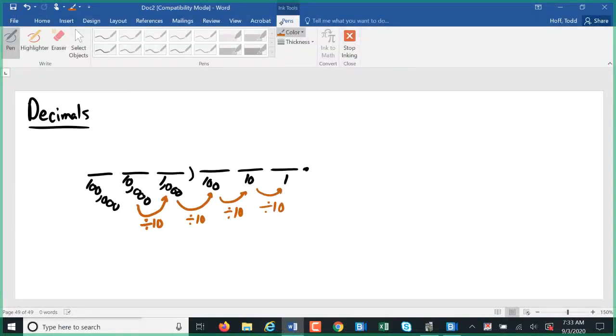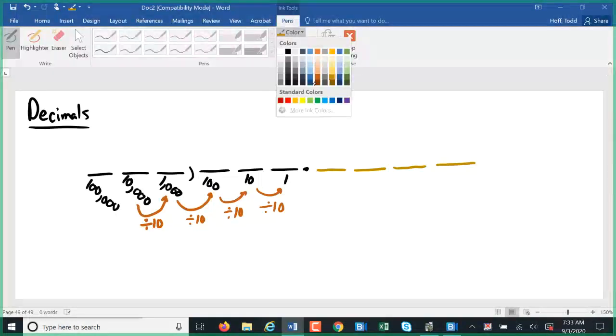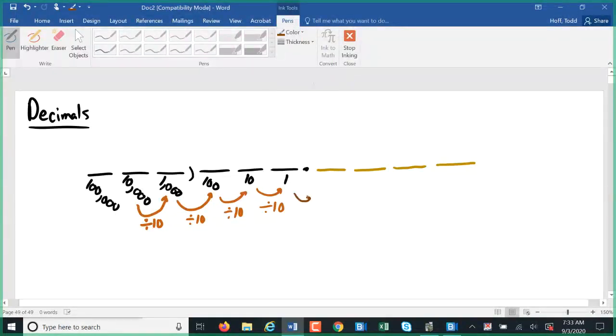If I keep moving past my decimal point, that pattern continues. 1 divided by 10 is 1/10. 1/10 divided by 10 is 1/100th. 1/100th divided by 10 is 1/1000th. And divided by 10 again, 1/10,000th. And it continues on down.